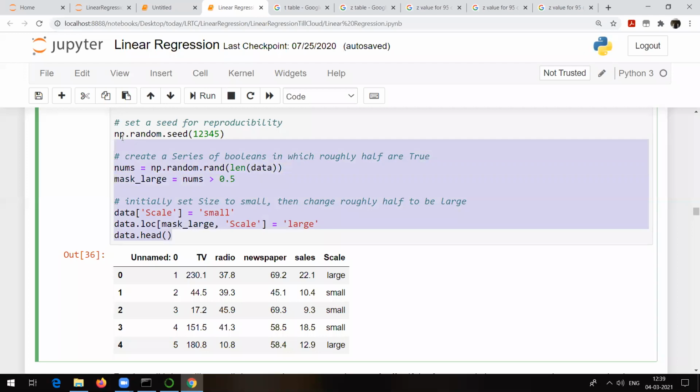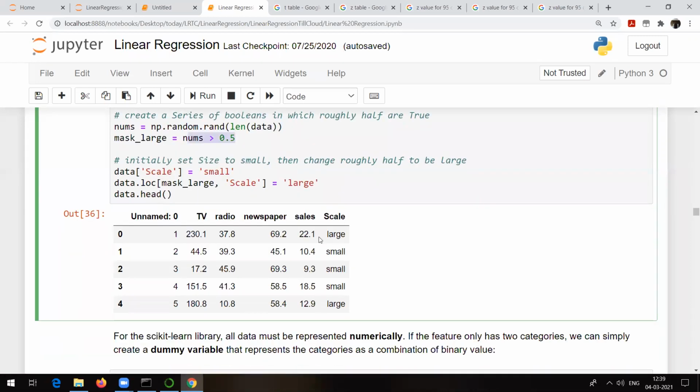I'm not showing it to you step by step now, because I hope everyone has done the assignments, and otherwise it will take a lot of time. That is the reason we discussed those packages earlier. And this is not a difficult thing actually. So np.random.rand of length of data: I'm creating 200 random values here, and I'm assigning the values that are greater than 0.5 to this particular variable.